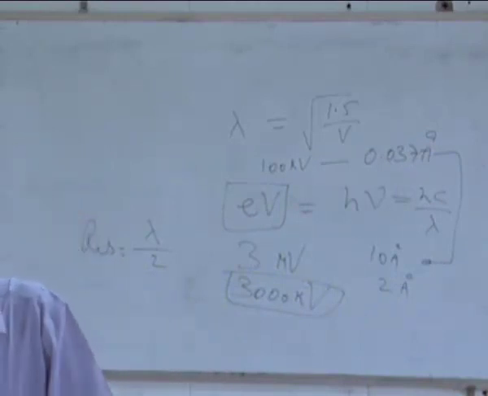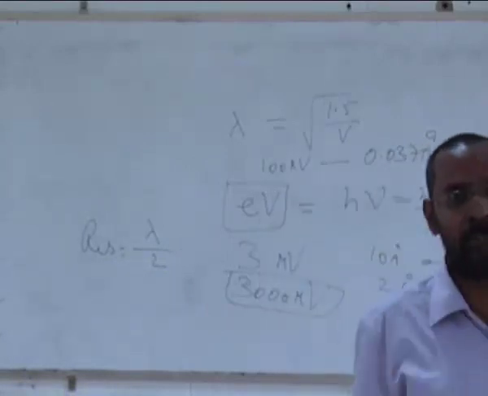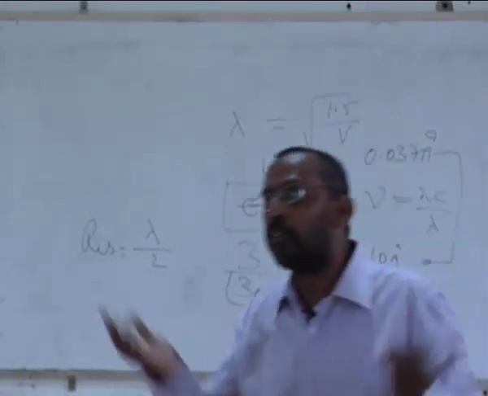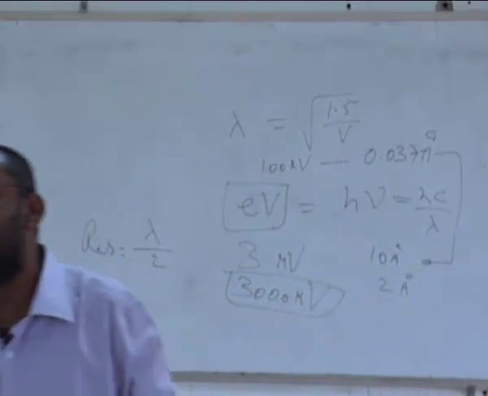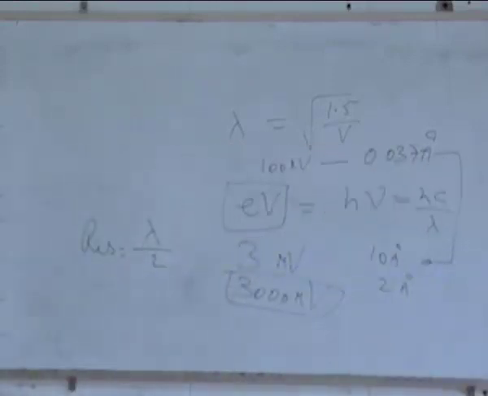What should I see in the microscope? I have not gone to a resolution of atoms to see atoms. Simply saying microstructure. What do I see in the microstructure? Yes? Grains. Grains of what? Grains of alpha. Whatever that particular phase is.